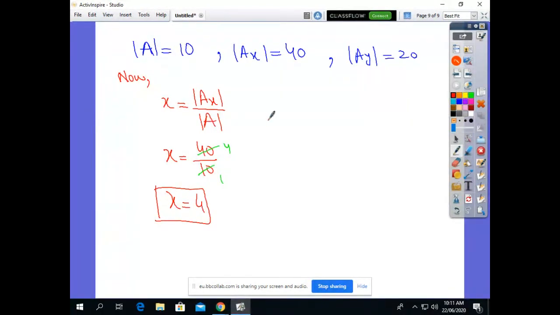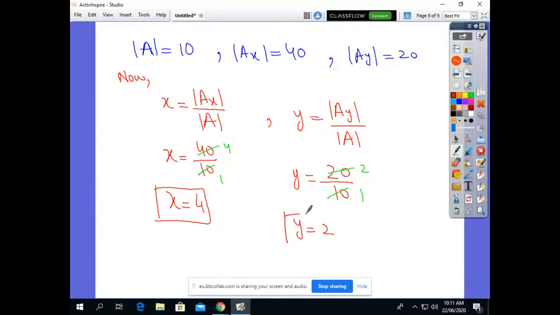Similarly, y is equal to the determinant of AY divided by the determinant of A. Determinant of AY is 20 and determinant of A is 10. After cancellation, 10 times 2, we get y is equal to 2. This is the solution set of question number 1, part number 8.